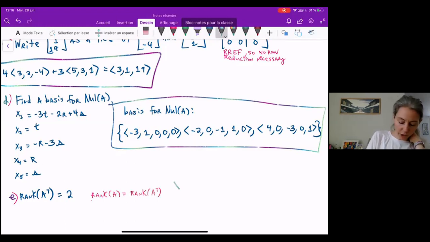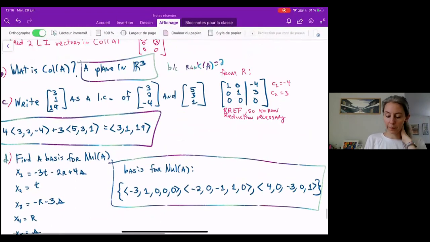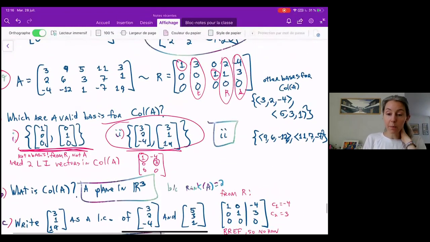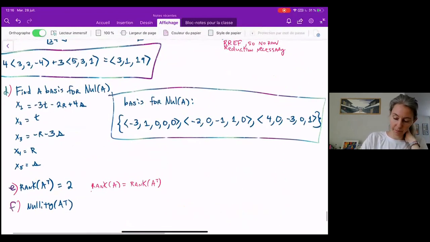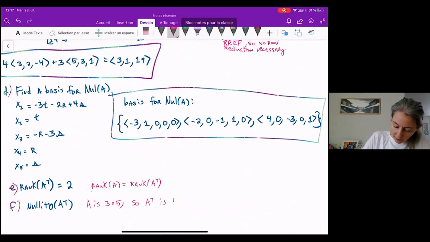And then the last question is, what's the nullity of A transpose? A is a 3 by 5 matrix. You got it, guys. It's going to be 1. So A is 3 by 5, so A transpose is 5 by 3.